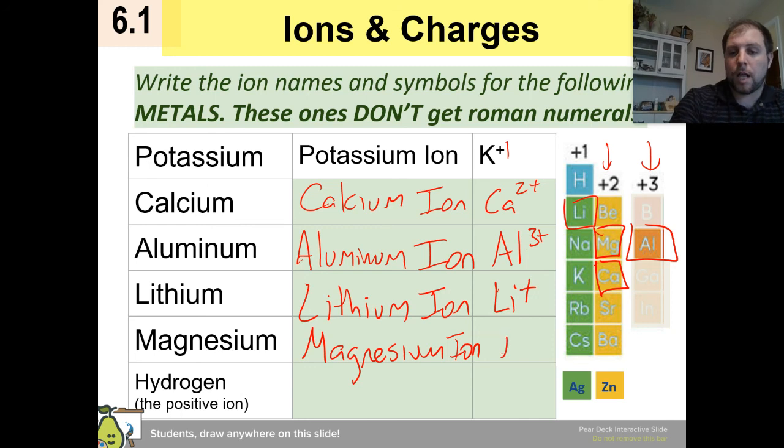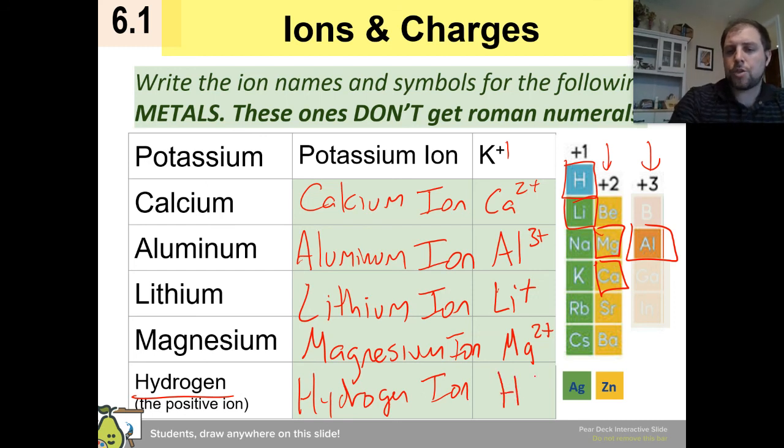It's in that 2+ column, so magnesium always forms a 2+ ion. Lastly, a positive hydrogen ion. Here it is, right at the very top of the +1. We would call this a hydrogen ion. If it was negative, it would be hydride. It's H+, which is the same as H1+. I just like the plus there. It looks a little neater.